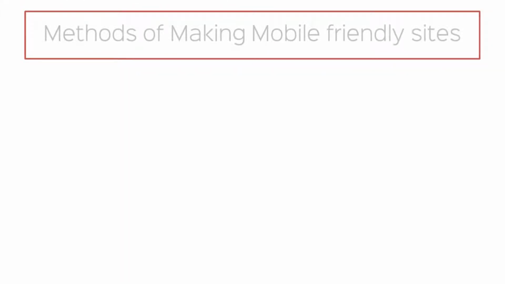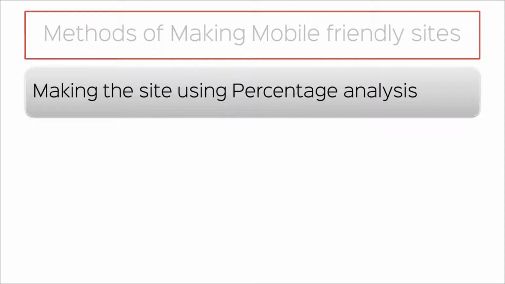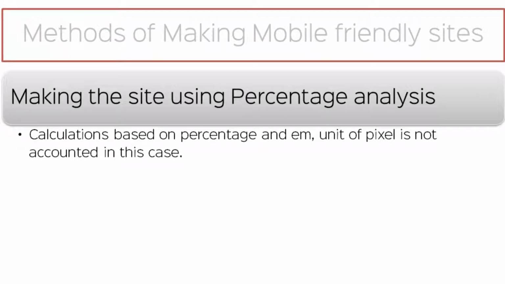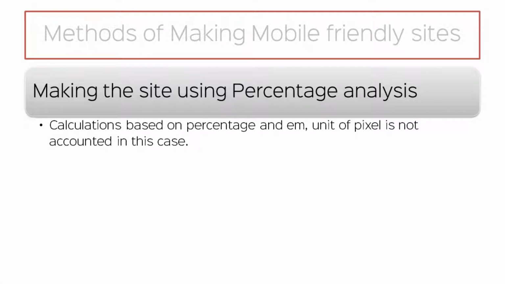Now, in case of methods of making mobile friendly sites, making the site using percentage analysis is the first method that we can adopt. In this particular case, calculations are based on percentage and EM units. Units of pixels were not accounted for. That means so far we were considering a 1000 pixel outwrapper and putting our contents inside this outwrapper.